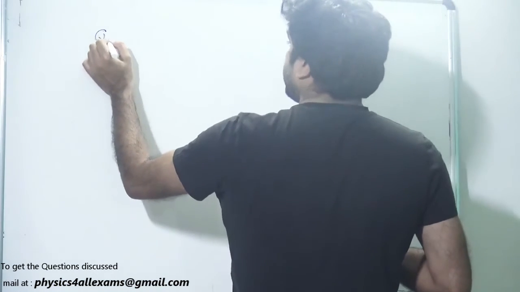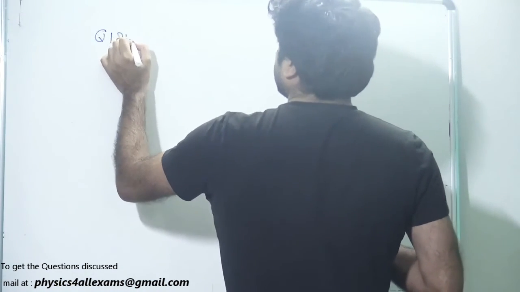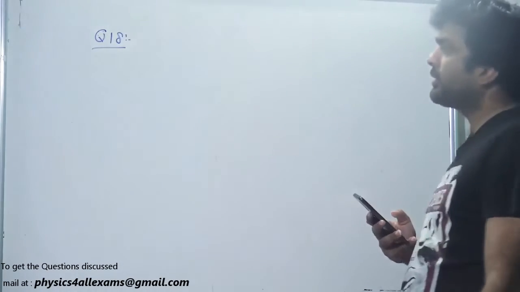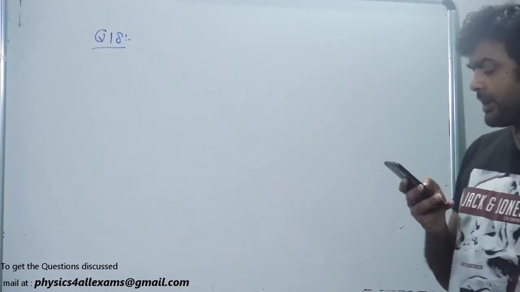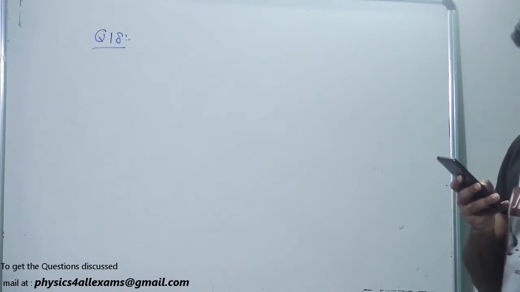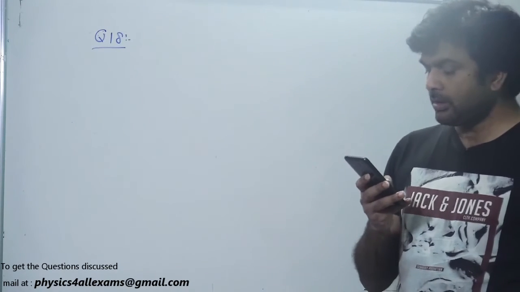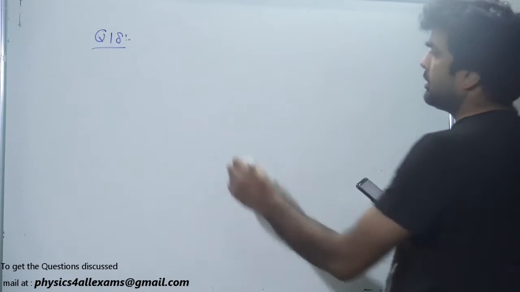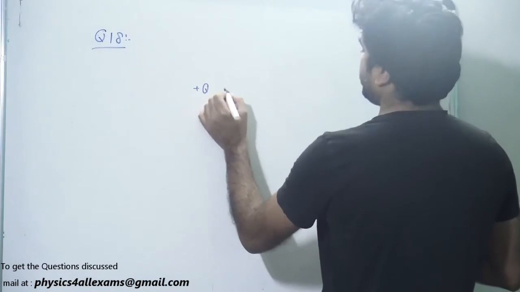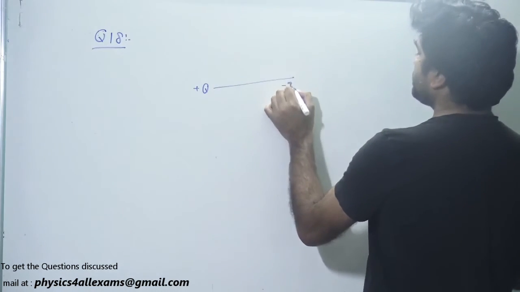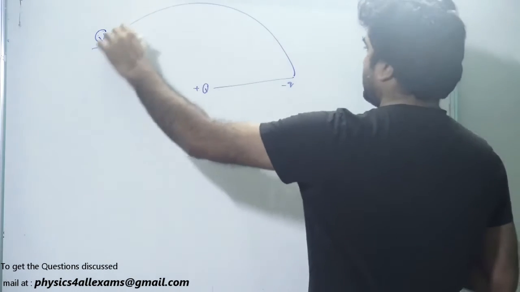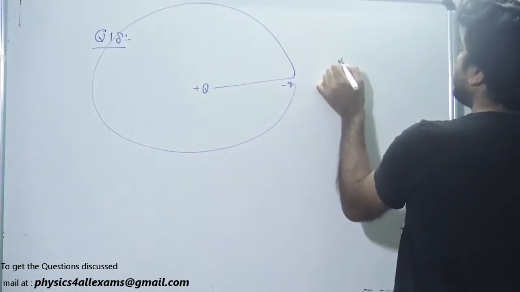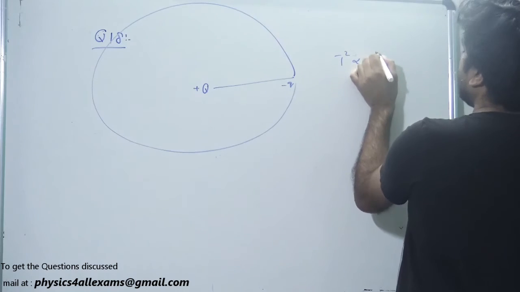Okay, question number 18 is same as what we encounter in gravitation. We have to prove that if a charge -q moves in a circular orbit about a fixed charge +Q, so there is a fixed charge +Q and a charge -q is moving in a circular orbit, then T^2 should be proportional to r^3.